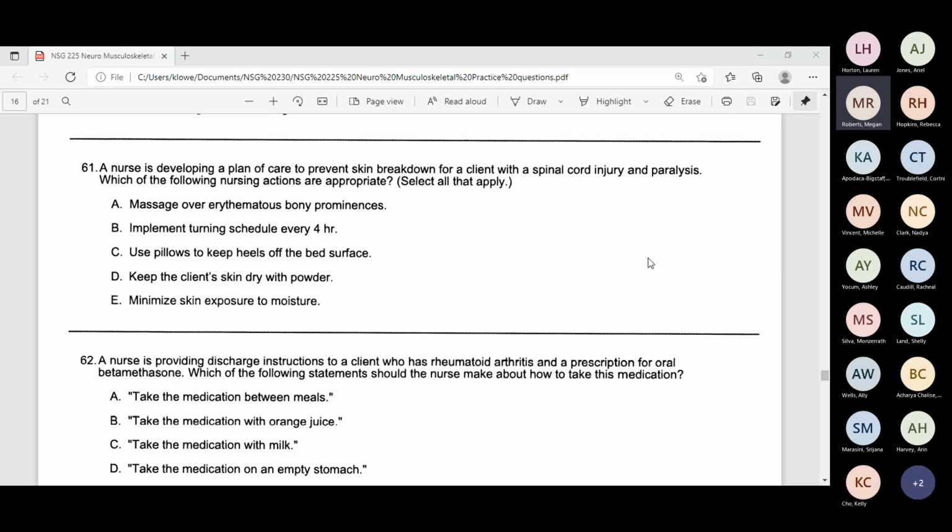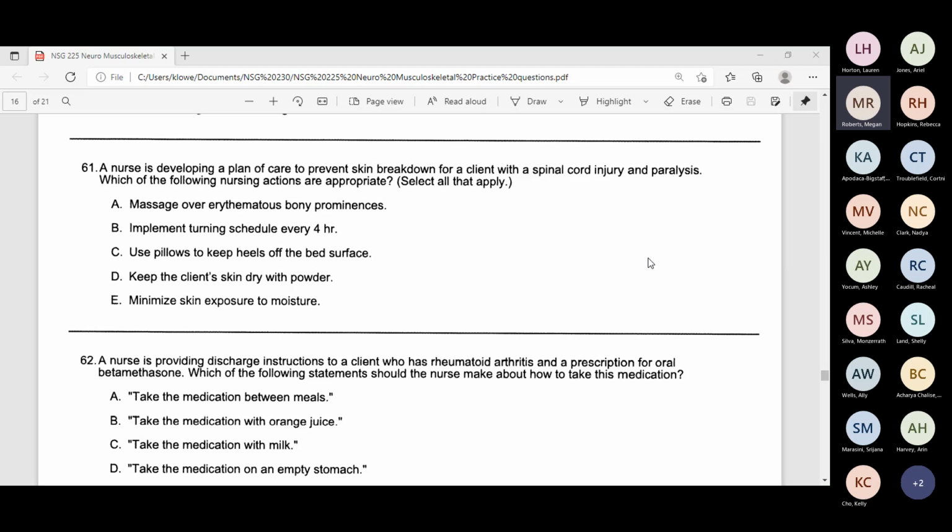We used to use baby powder, and they don't want us to anymore because it can cause respiratory problems. Patients already have respiratory issues. But at the same time, we don't want them to get skin breakdown from all the moisture they're sitting in. So we use a barrier spray and the cream.